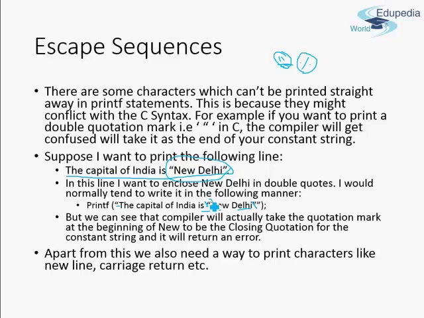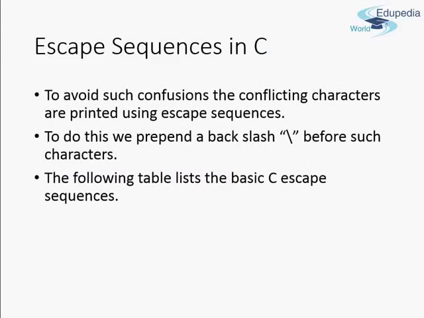Escape sequences mean that the character after the escape character, which is backslash, will not be treated as a C character corresponding to that quotation mark, but will rather be ignored and printed as it is in the output, just like a constant string. This is being done to avoid any conflicting characters and help them to be printed inside the output.